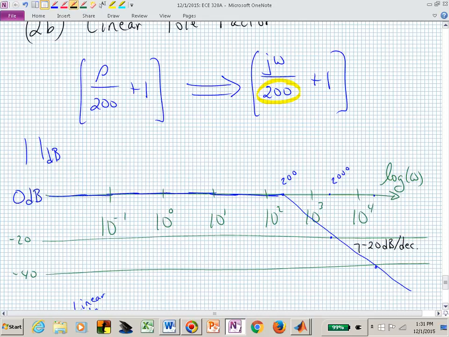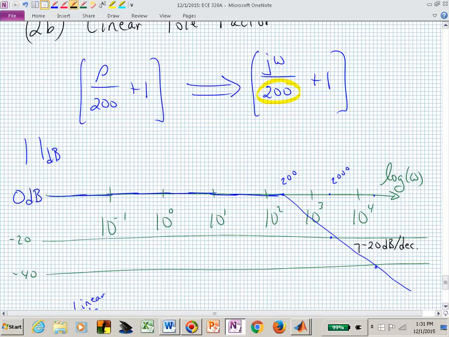In reality, where are we actually at for that linear factor? If we just had that linear factor and that was it, where would we be relative to dB? Would we be above 0 dB, below 0 dB, and how far above or below? The actual curve, if you sketched it in MATLAB, where would it be at the break frequency?